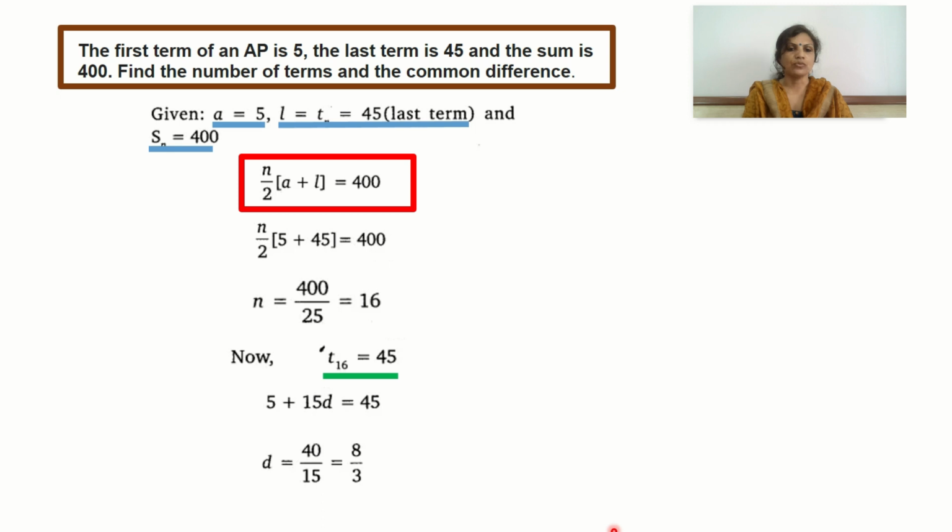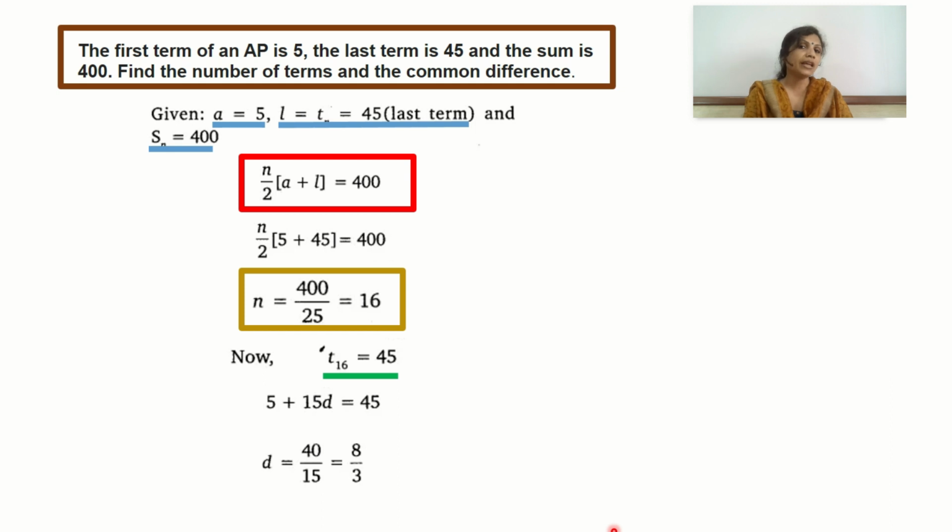So n by 2 in the bracket, a is 5, l is 45, it is 400. So if we solve this, you get the value of n as 16. So number of terms in this AP is 16.